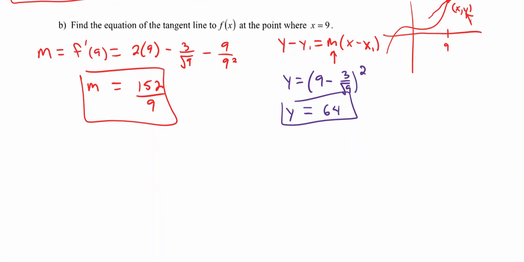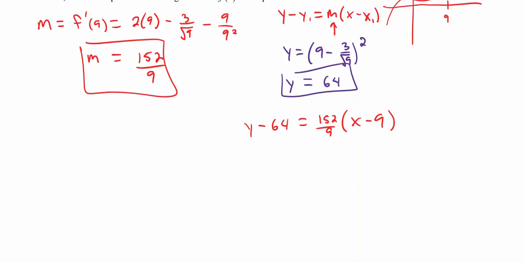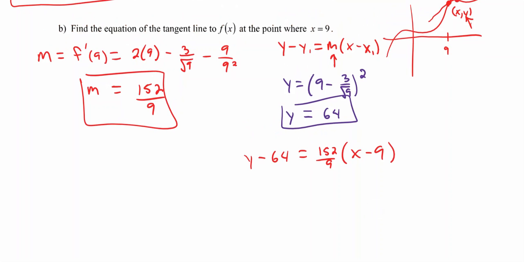So we'll just fill in what we know. This would be y minus 64, since y1 was 64, is equal to 152 over 9, and then x minus 9, since x1 was our 9 value. And that is our equation. But we should put this in one of the other forms typically.